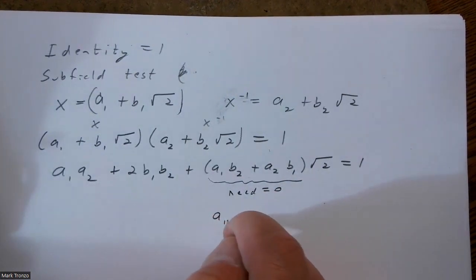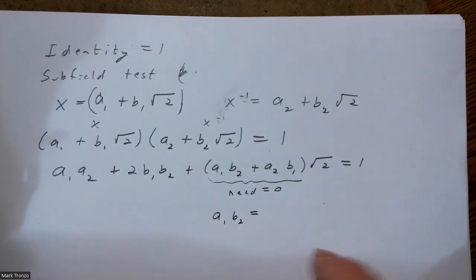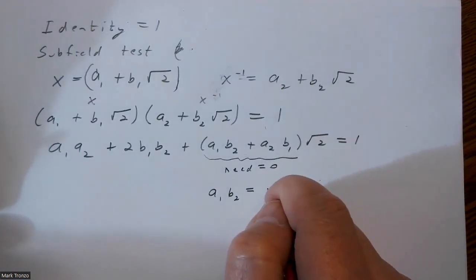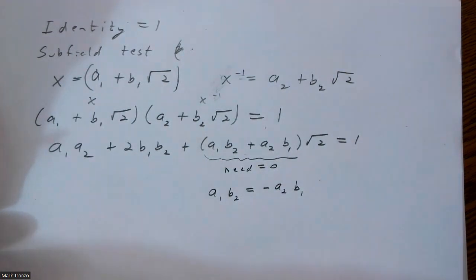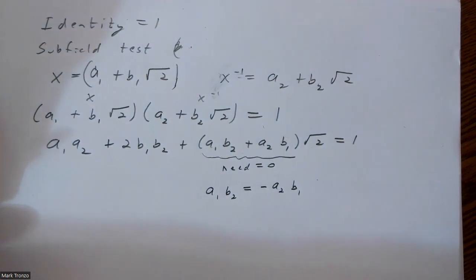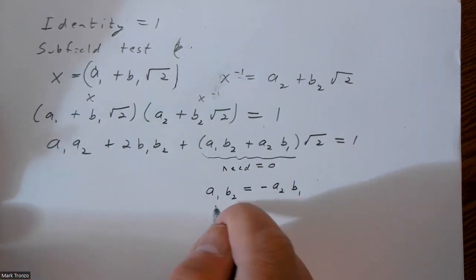So a1 b2 is equal to negative a2 b1. And so now we're given the a1 b1.